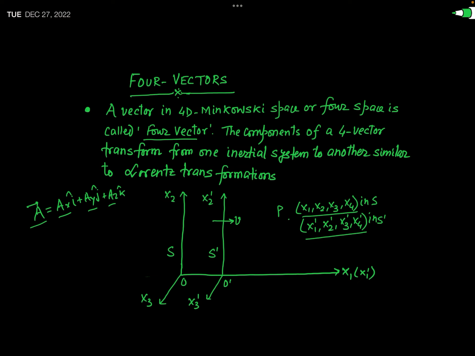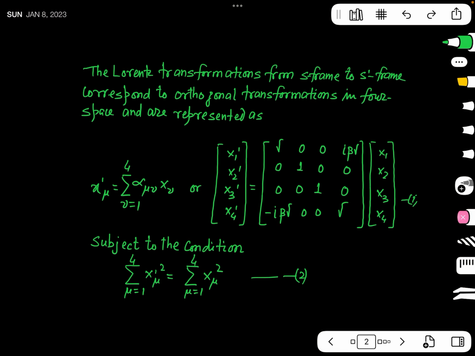Then if an event in S frame is described by the coordinates x1, x2, x3 and x4, and the same event is specified by the coordinates x1 prime, x2 prime, x3 prime and x4 prime in inertial system S prime, then you know that these primed coordinates can be found if you know the coordinates x1, x2, x3 and x4 in frame S. And this is actually done on the basis of Lorentz transformation equations, and you have learnt in very detail these transformation equations in the previous lecture.